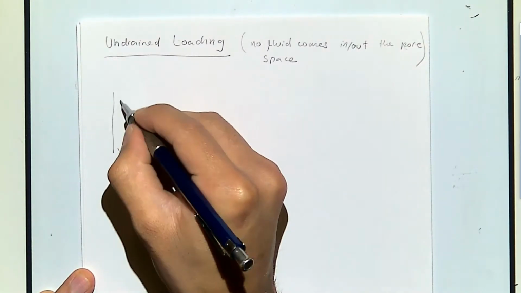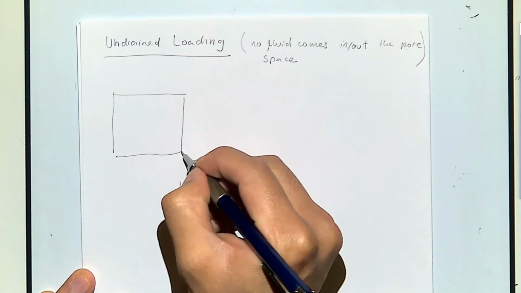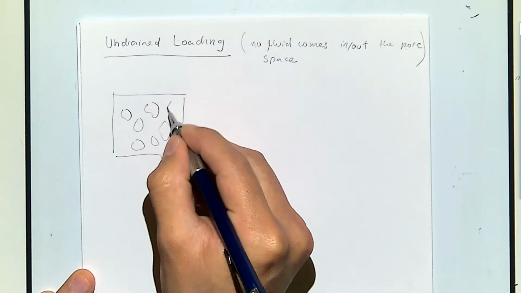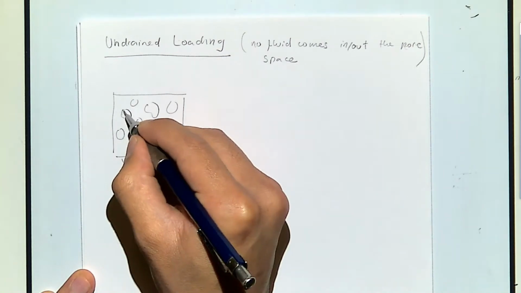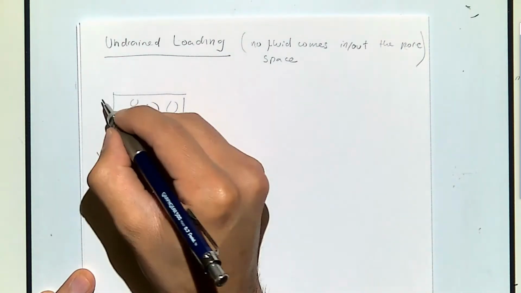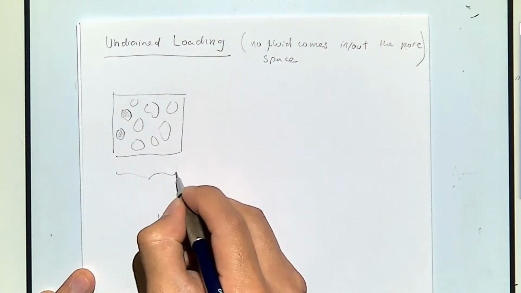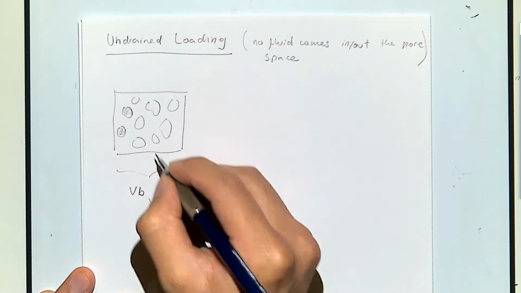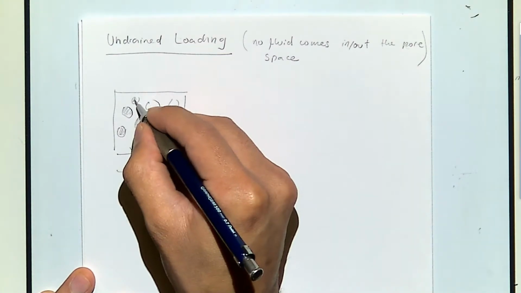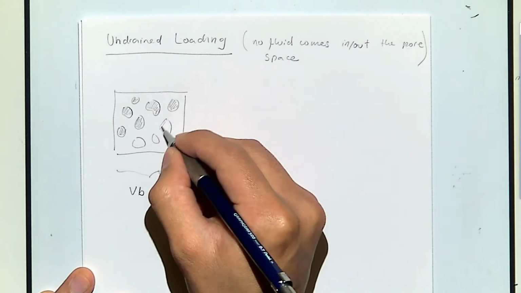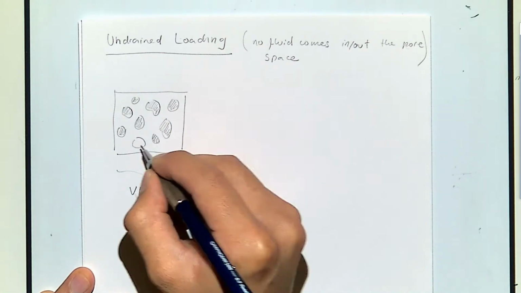Therefore, let's imagine a porous solid filled with a fluid with a given bulk volume VB. What is the amount of fluid in mass inside this porous solid?